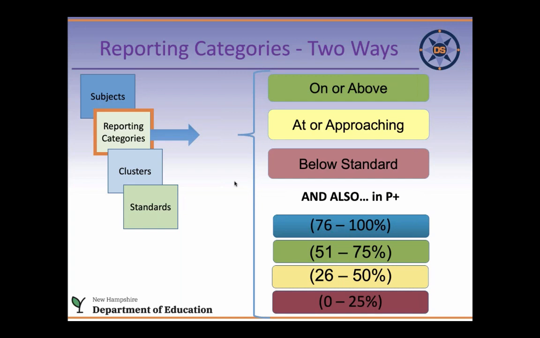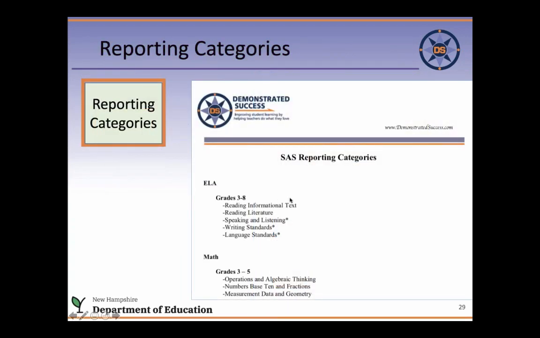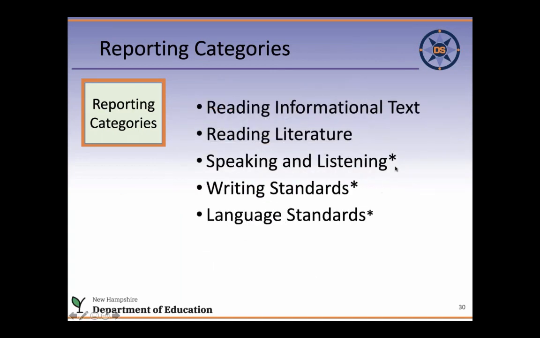So I'm going to further confuse you. We talked about subjects, and those are above, near, below, and they're all related to knowing the standards of proficiency. Then there are reporting categories, which I told you were reported in 3 levels, but they're also reported in 4 levels. So this is where you get like, what? This document, these are the reporting categories. We looked at this a minute ago. And if you look at these reporting categories here, I'll make them a little bigger. These 2, reading informational text and reading literature, do not have asterisks, and these do.